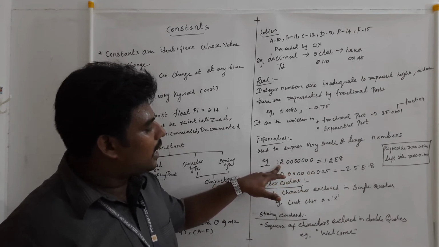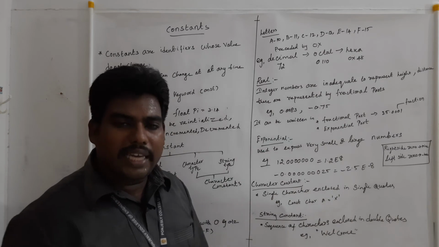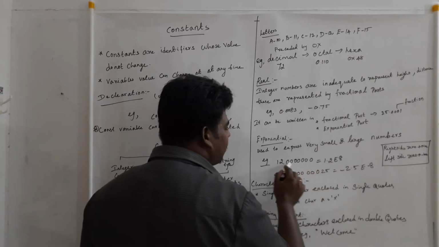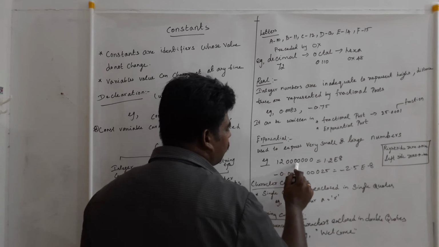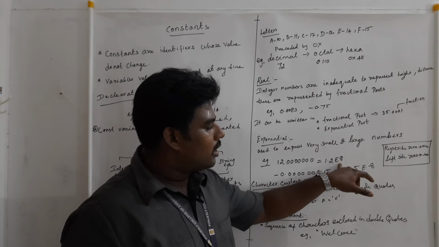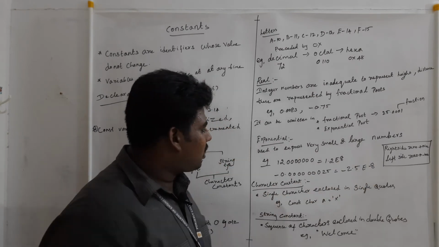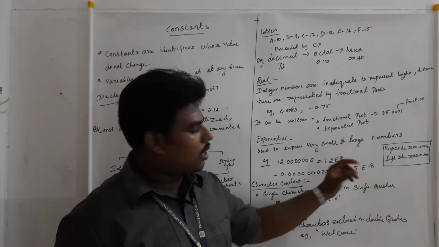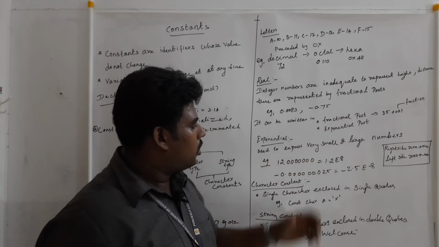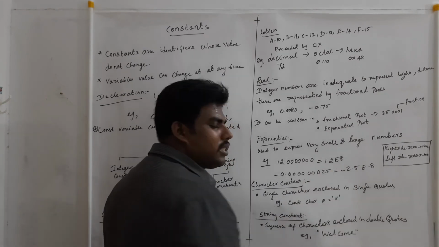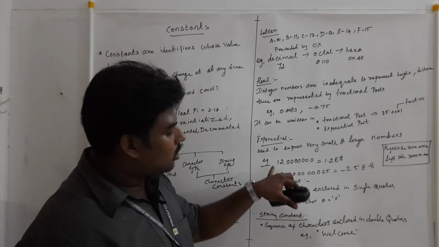It should be represented as 1.2E8. That means after this point, 8 values are there: 1, 2, 3, 4, 5, 6, 7, 8. Instead of writing this big number, if I put one more 0, it is 9. Two more 0s, it is 10. This is the big number.